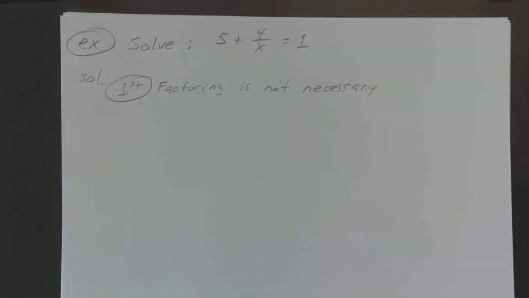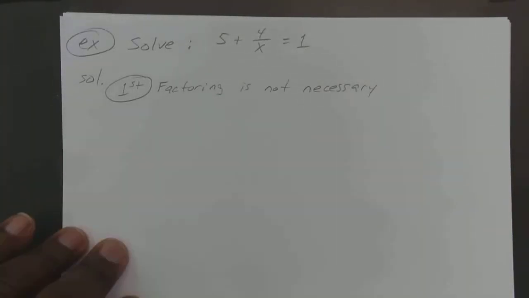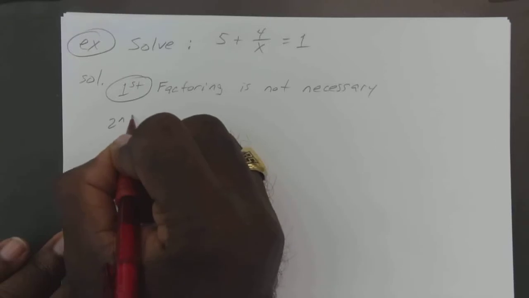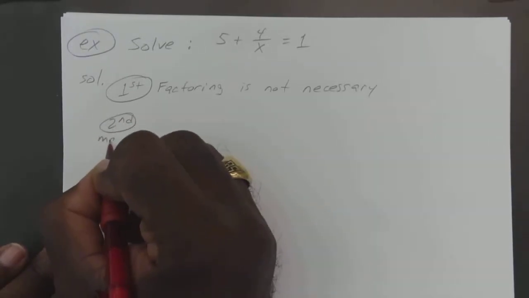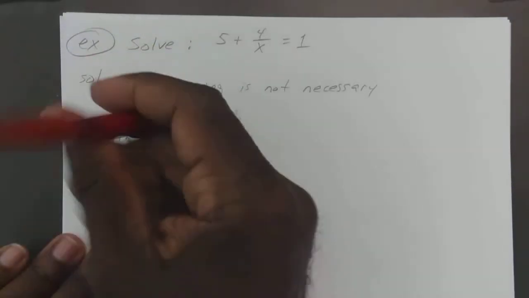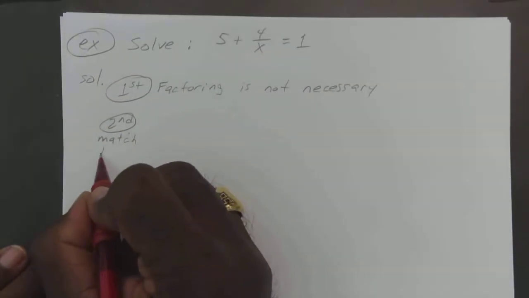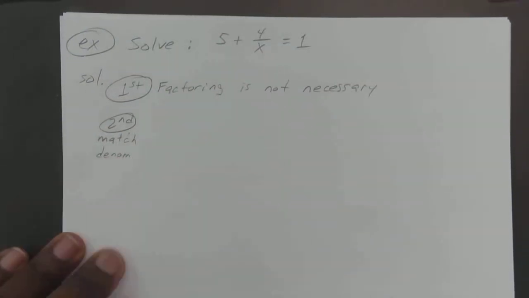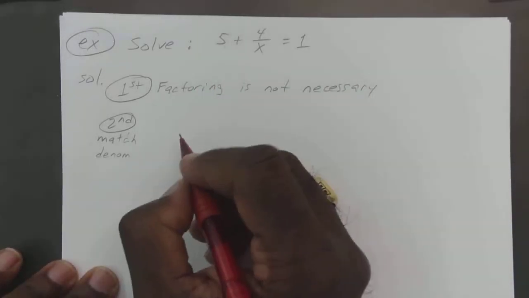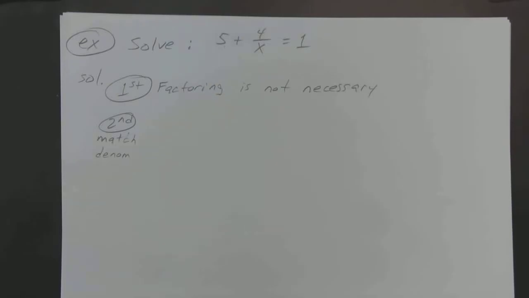Okay, so your second step, you want to match all of your denominators. The thing is with 5, when you get just a number, you can make 5 equal anything.